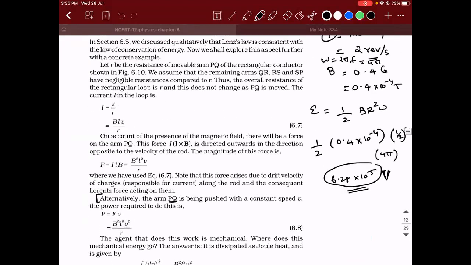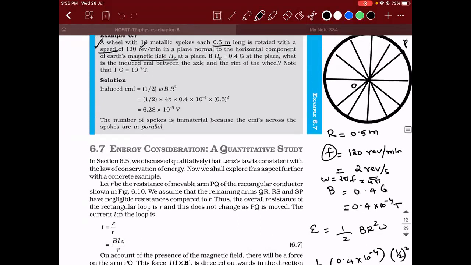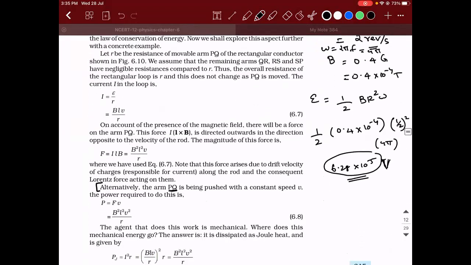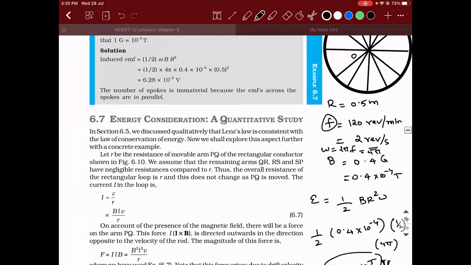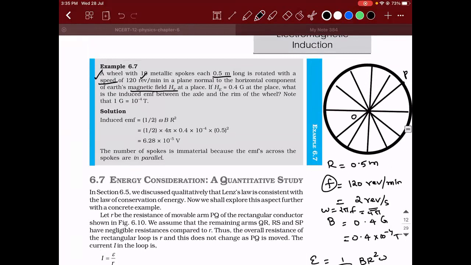And you know one of the common mistakes that happens? Since there are 10 spokes, people think you need to multiply the 6.28 by 10 to get the final answer. But no, you need not multiply, because whatever EMF is between points O and P will be the same EMF between O and P dash, O and Q, O and R, because everything is connected in parallel.